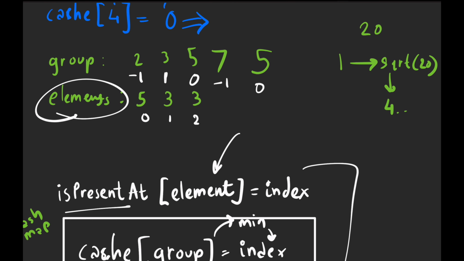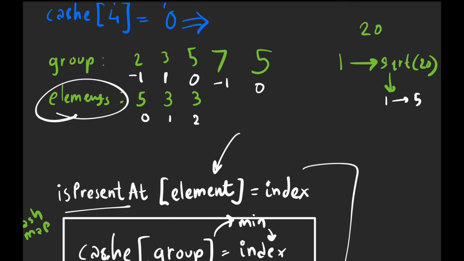Let's round it off to the ceiling value, so that would be 5. So let's go from 1 to the ceiling value of the square root of the number, so from 1 to 5, and see if we are finding any divisors of 20.